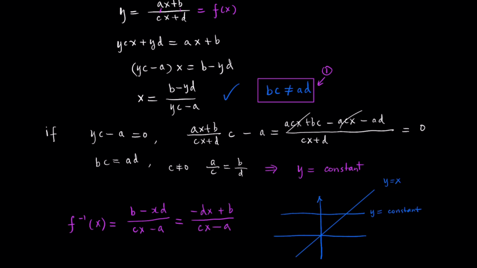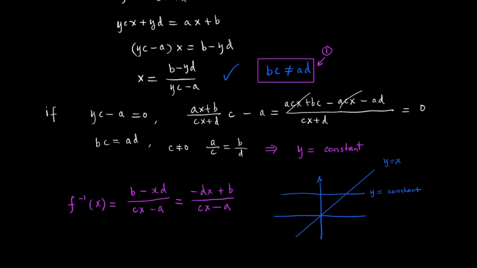Now, a function whose graph is symmetrical to y equals x means this inverse function is identical to the function itself. What is the function itself? That is, (ax plus b) over (cx plus d) would equal (negative dx plus b) over (cx minus a).